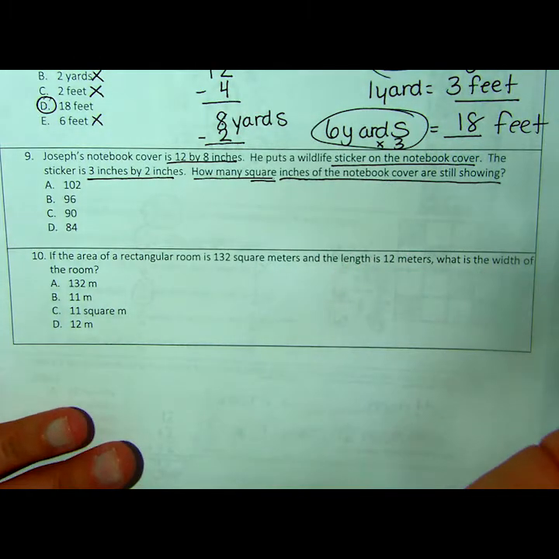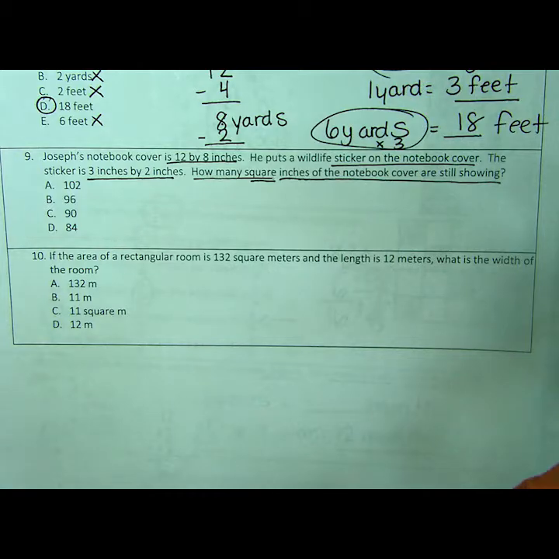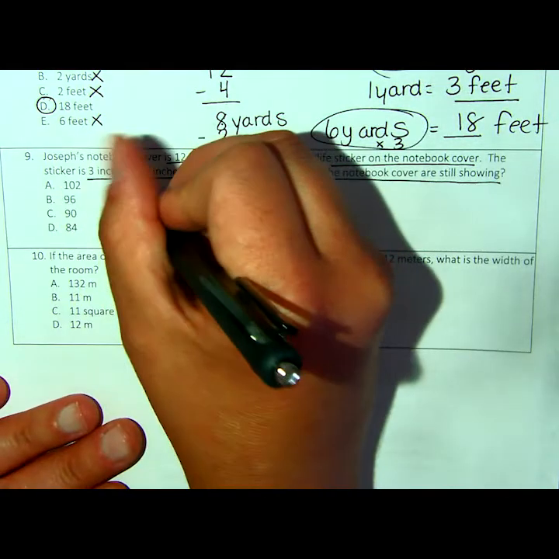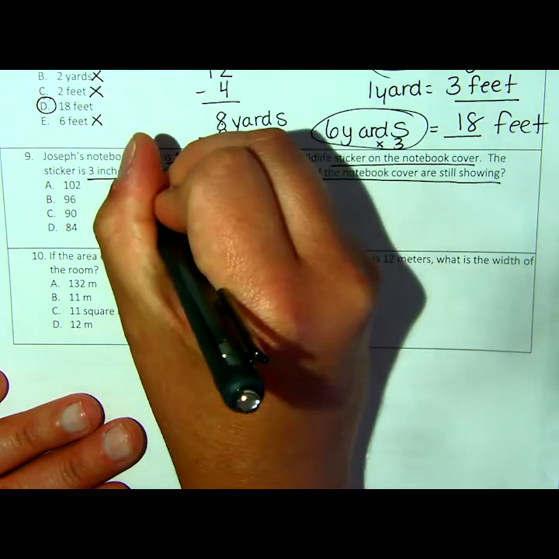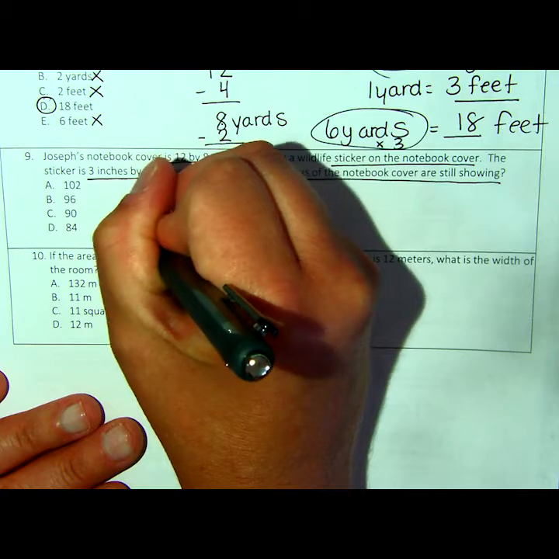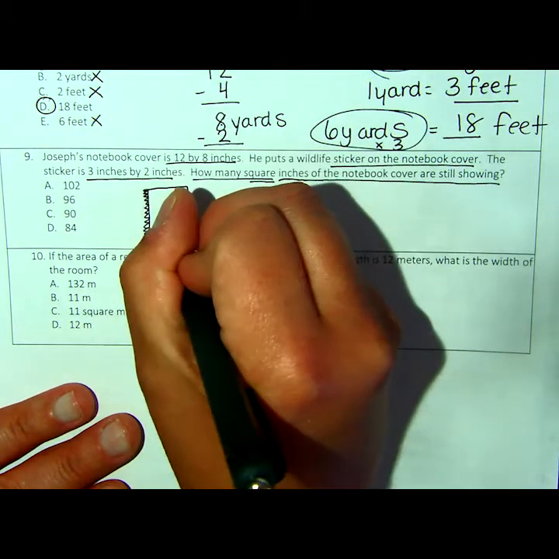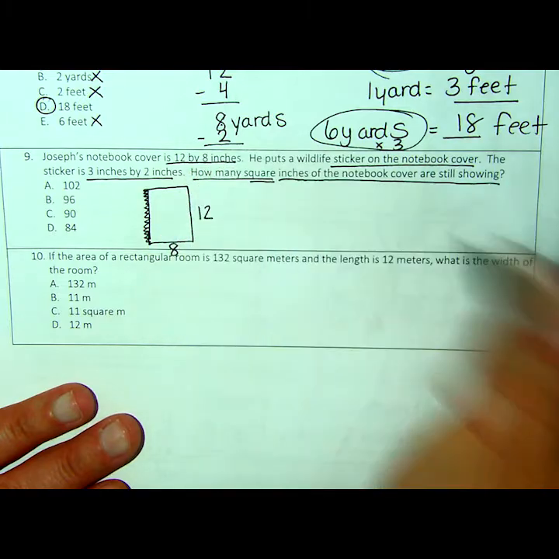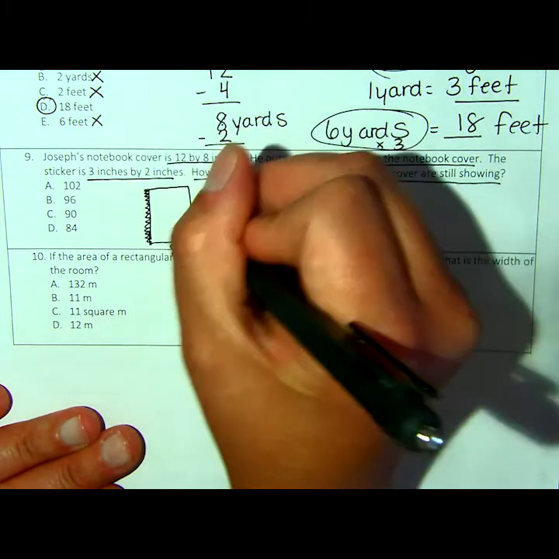So I would draw a picture. And I know that if Piper's watching this, she would probably say, absolutely, I drew a picture too. So here's the notebook cover. Let's just pretend it's like one of those spiral notebooks that you guys normally have. And they said that it's 12 by 8, so 8 and 12. And then you put a wildlife sticker on the cover. So here's your sticker.